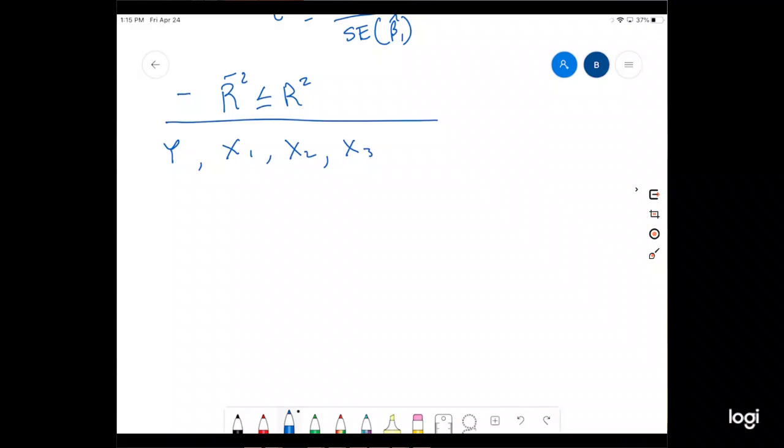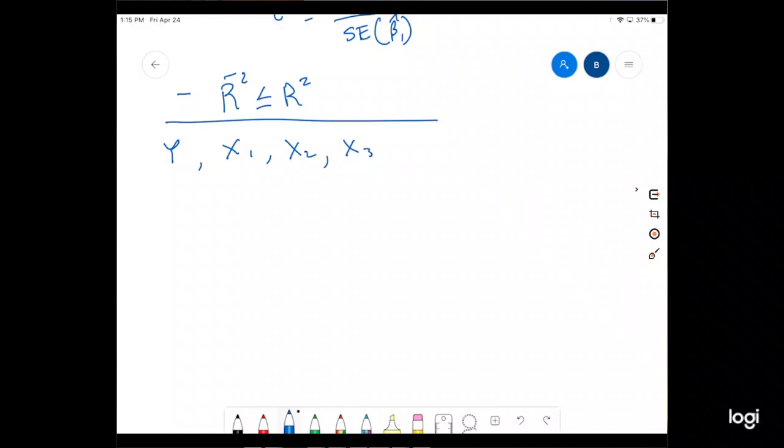Just some random variables. We don't really even care what they are. But let's say y is wages or income, and x1 is education, x2 is family education, and x3 is some other thing like ability.